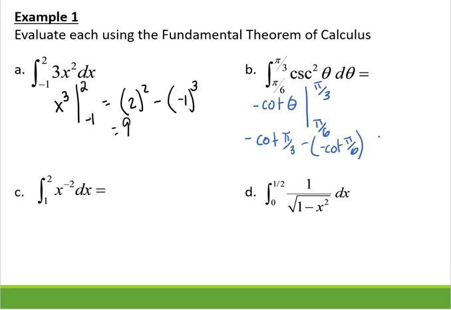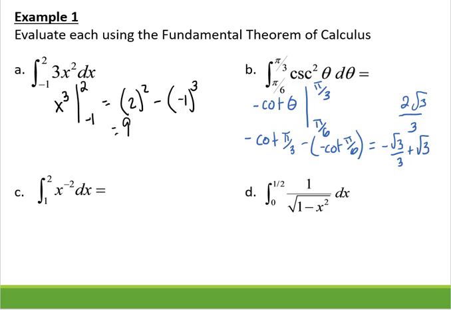Well, that turns into -√3 over 3 minus a negative, so that's plus √3. So we have 2√3 over 3.